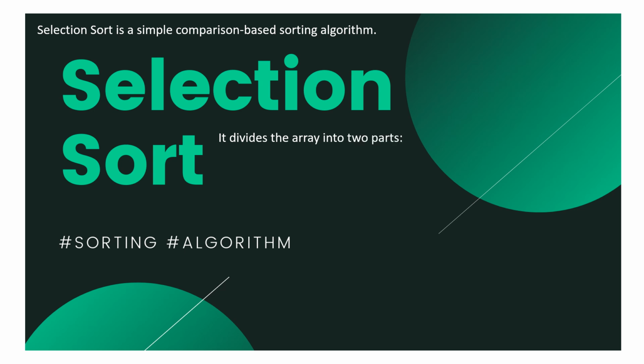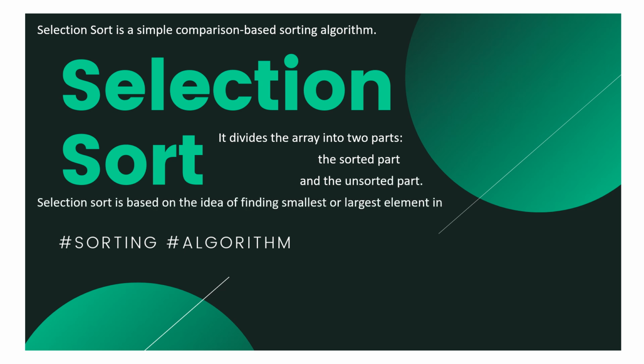This divides the array, which is a list of elements, into two parts, the unsorted part and the sorted part. It is based on the idea of finding the smallest or largest element in the unsorted array and placing it at the correct position in the sorted array.